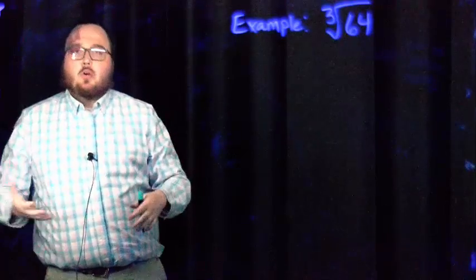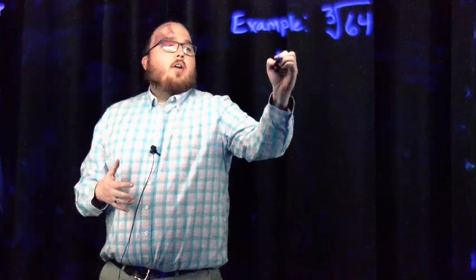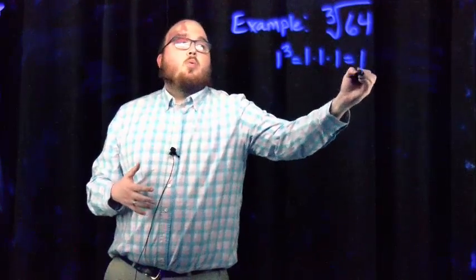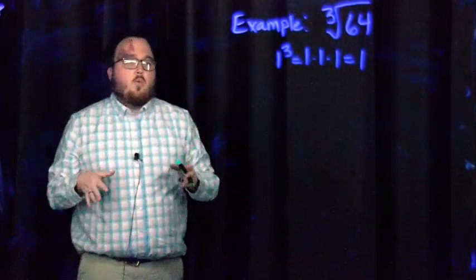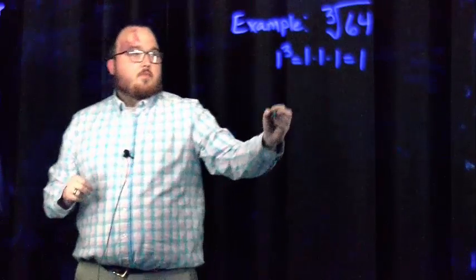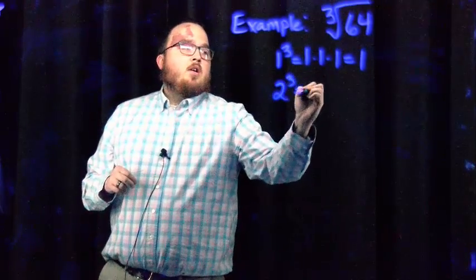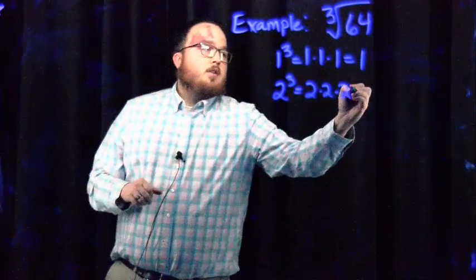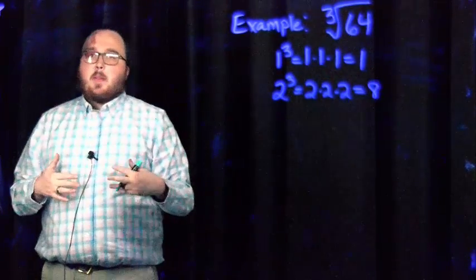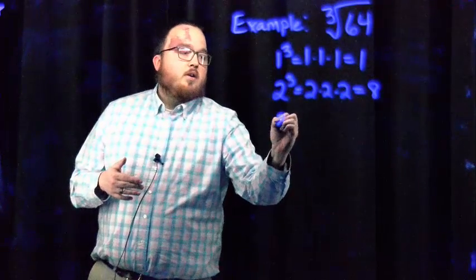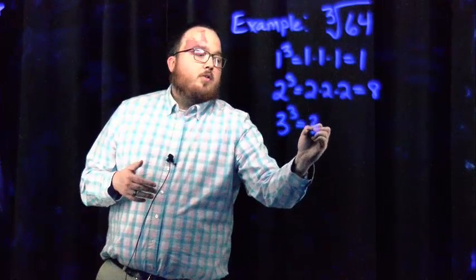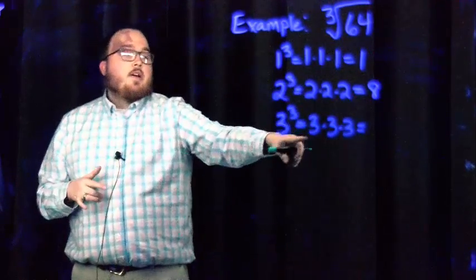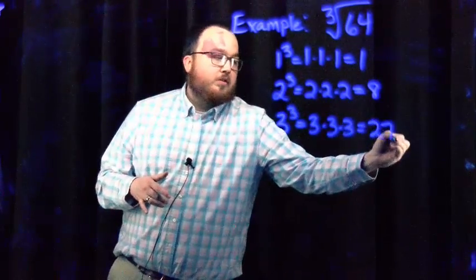So let's try 1 first. 1 to the third is like saying 1 times 1 times 1, which is 1, which is way off. So we don't want 1. Let's try 2. 2 to the power of 3 is 2 times 2 times 2, which we already said was 8. So it's not 2. Let's try 3. 3 to the power of 3 is 3 times 3 times 3. 3 times 3 is 9, times 3 is 27.